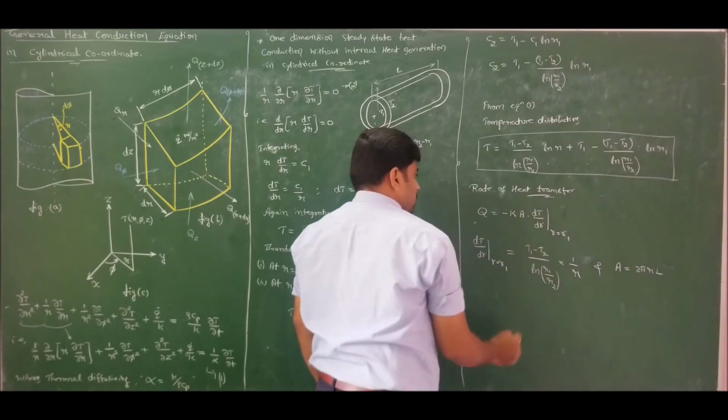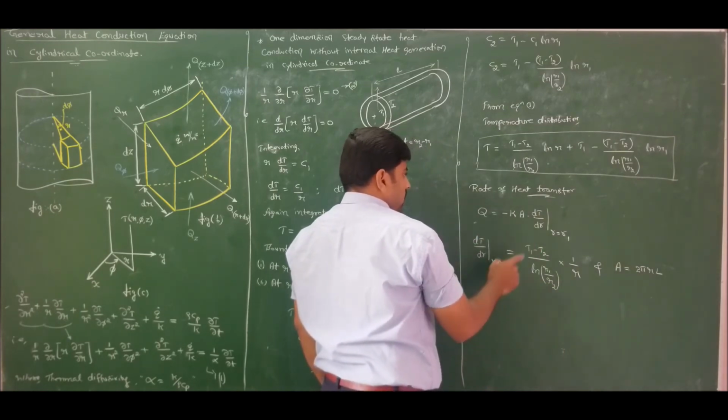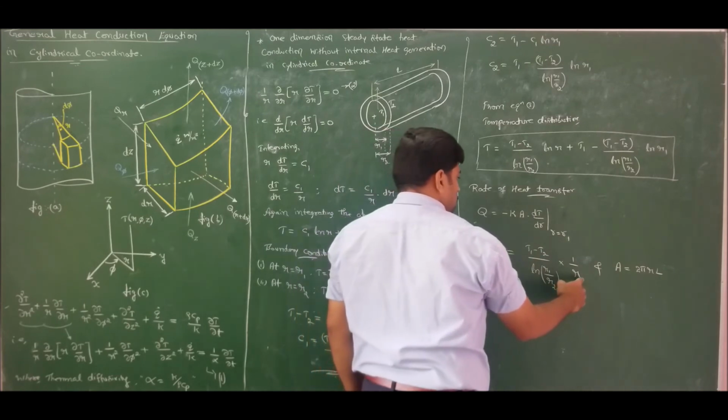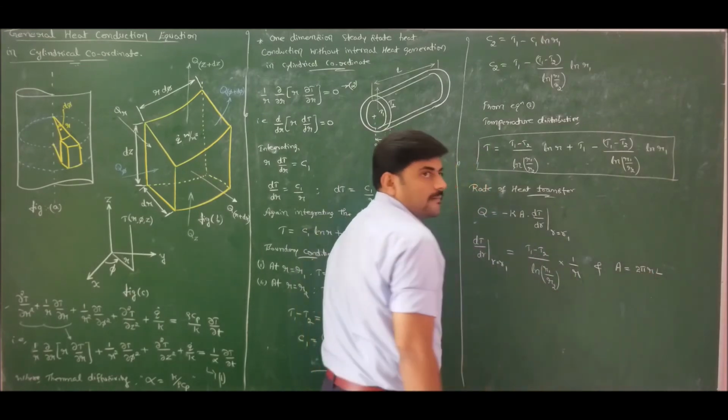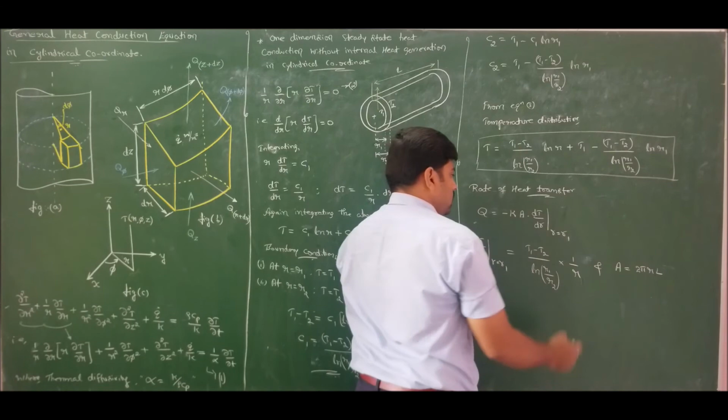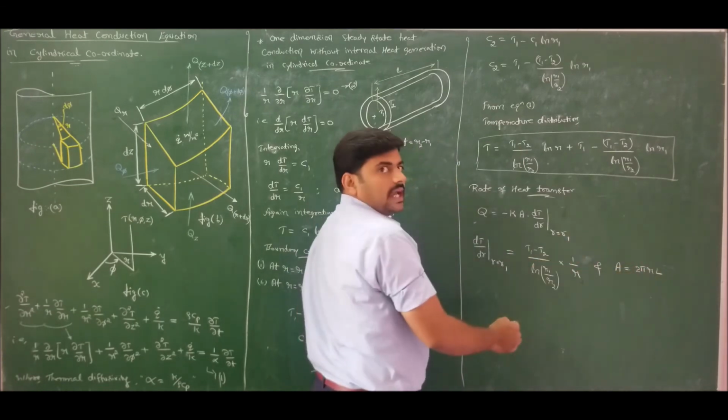So now substitute into this equation and solve. If I want to evaluate the entire equation at R1, this will also become R1, this will also become R1. If I don't substitute R is equal to R1, leave it as it is, they will get cancelled off.